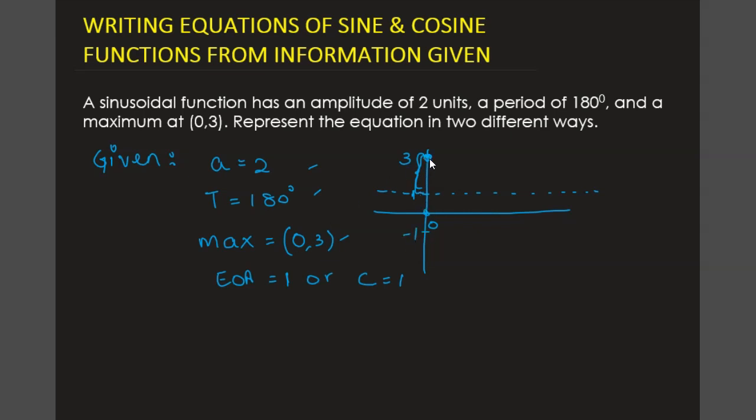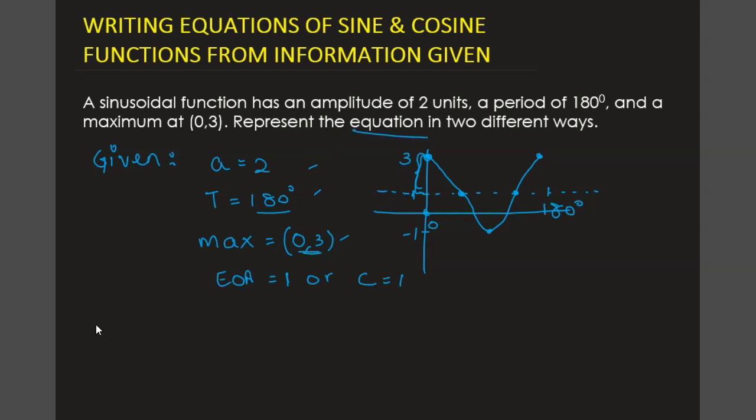Since you make your graph from the max point, after the max point the next point is a mid, then a min, then a mid, and then a max again. This full cycle is completed in 180 degrees. That's what this time period means. This is how we turn this problem into a graph. Now our goal was not to turn the problem into a graph. Our goal is to turn the problem into an equation.